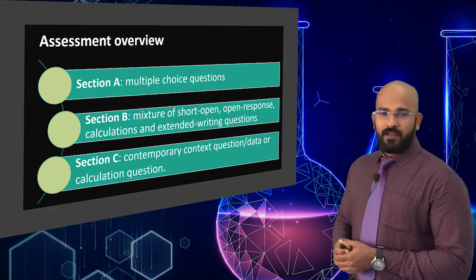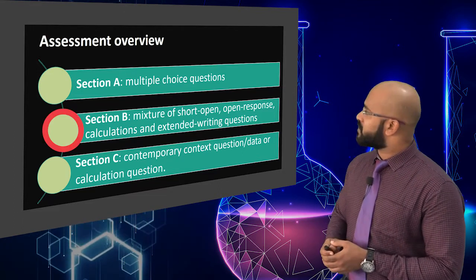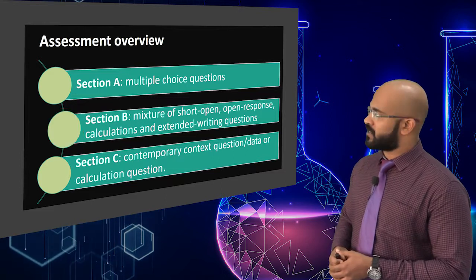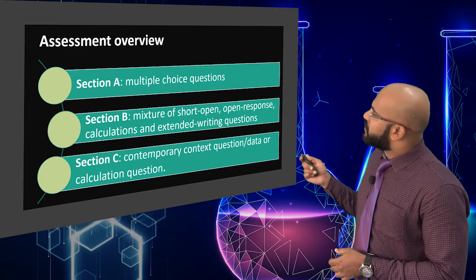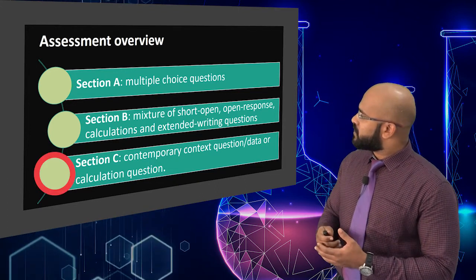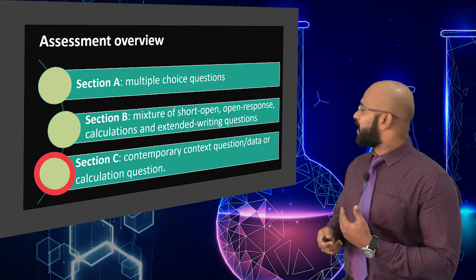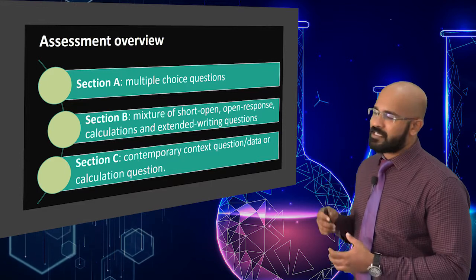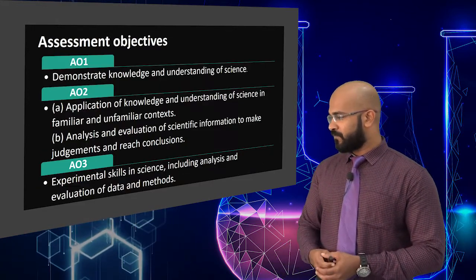Section B contains a mixture of short answer, calculations and extended writing questions. Section C contains contemporary context questions, that means questions in unfamiliar context or evaluation of given data.